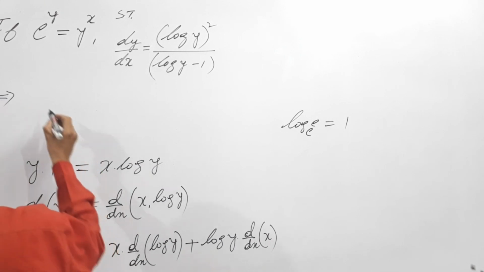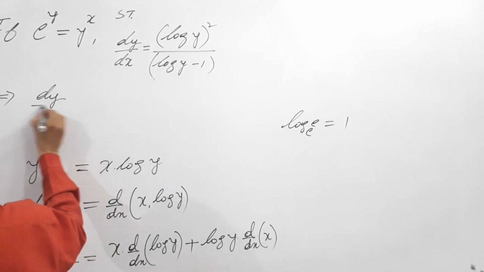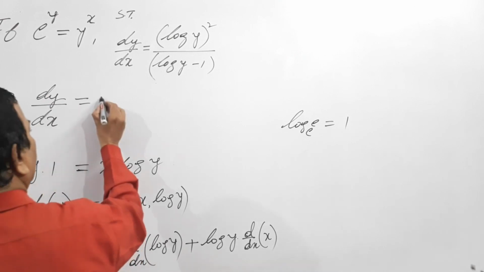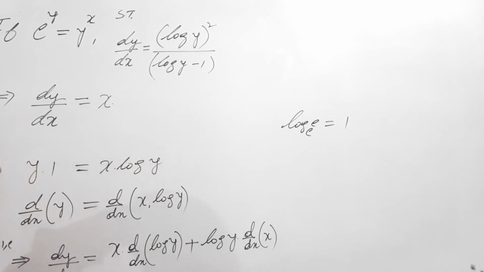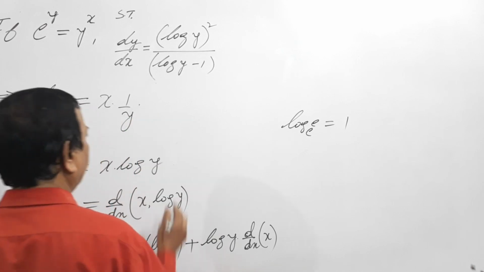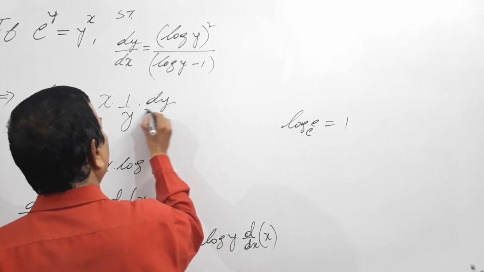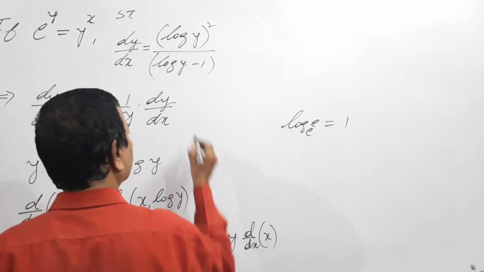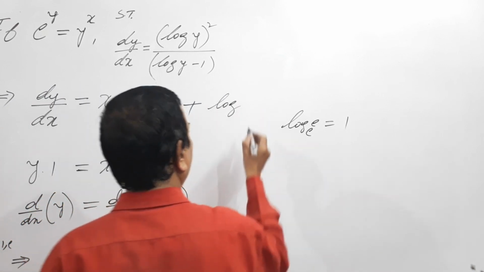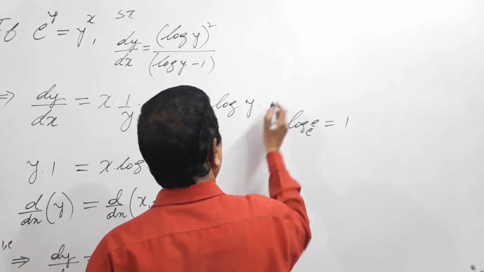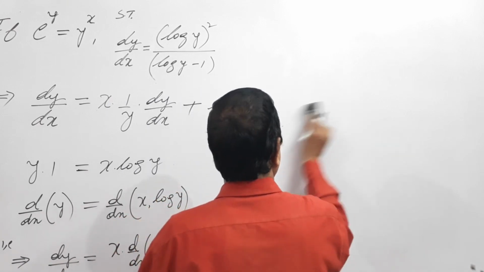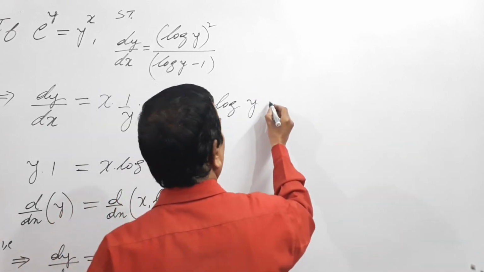That is dy by dx equals to x into d by dx of log y is 1 by y into dy by dx, plus log y into, so d by dx of x is 1, so into 1.